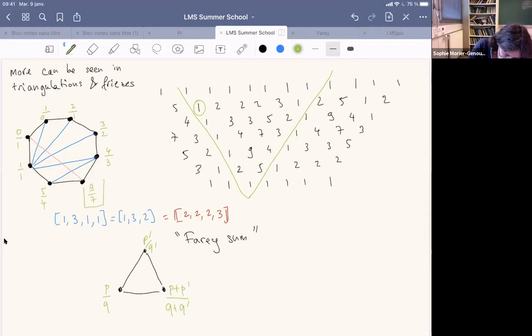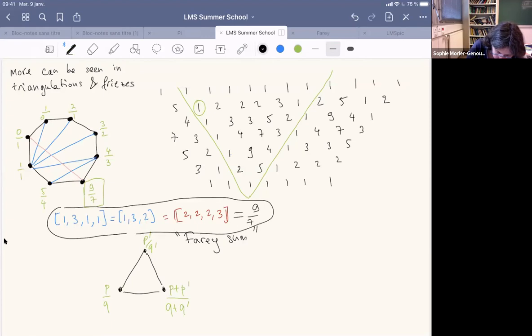Now what I claim is that this last assigned number, 9/7, is exactly the value here in this row. So really the triangulated polygons carry at the same time the rational and the decomposition as continued fractions.